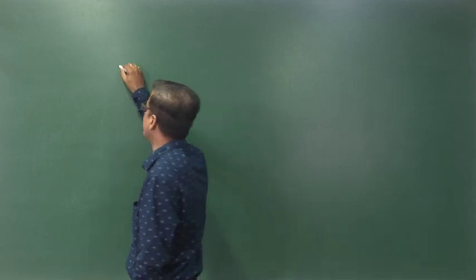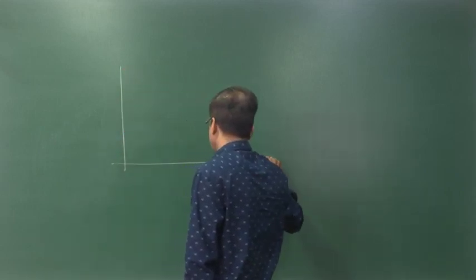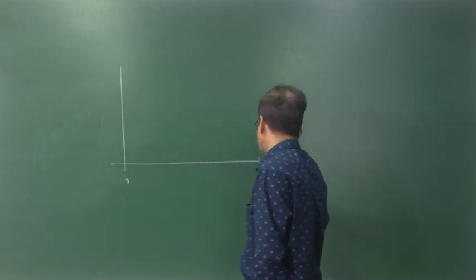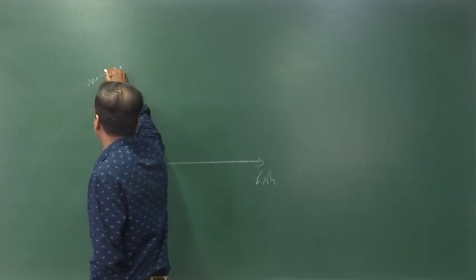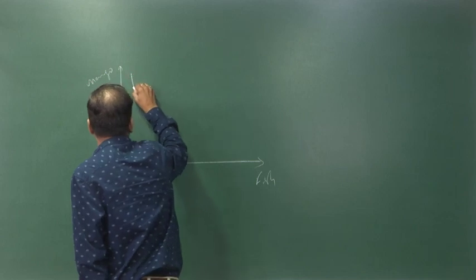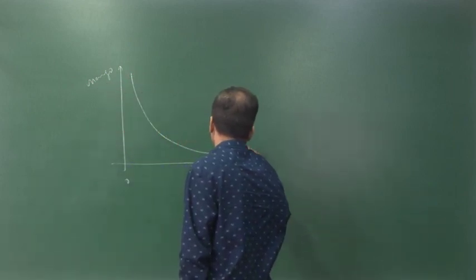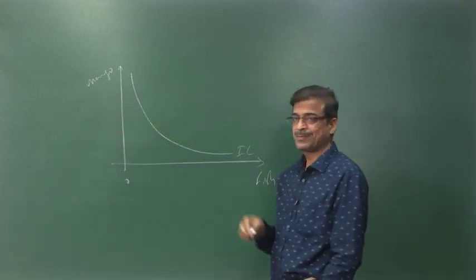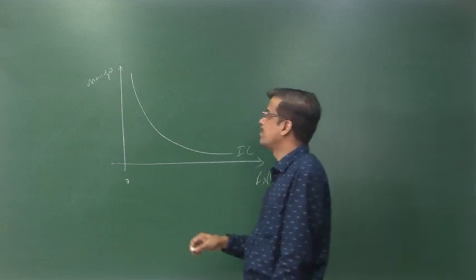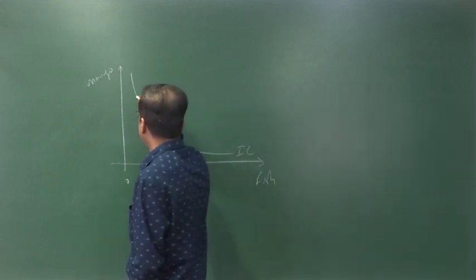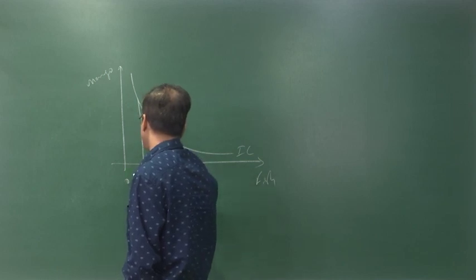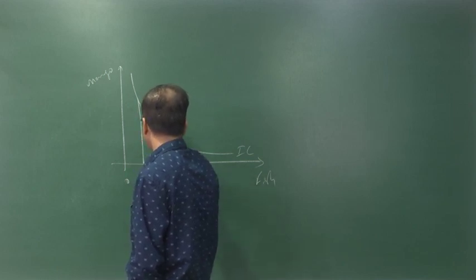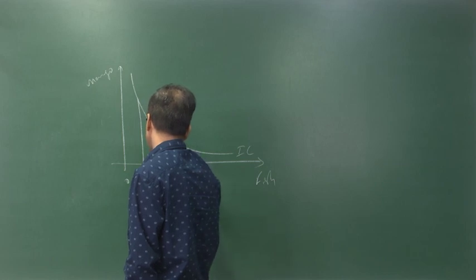That means, if you take this side as fish and this side as mango, and we take a locus of points, this is your indifference curve. You can consume, let us say, 10 units of fish, or you can consume 20 units of fish.